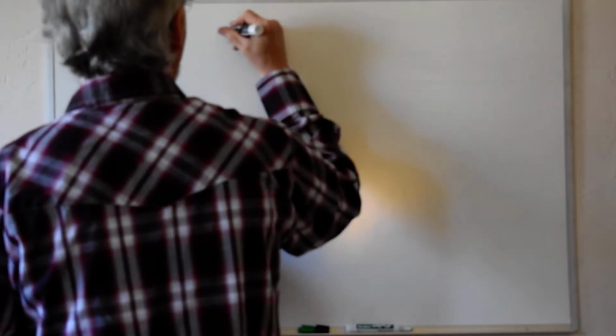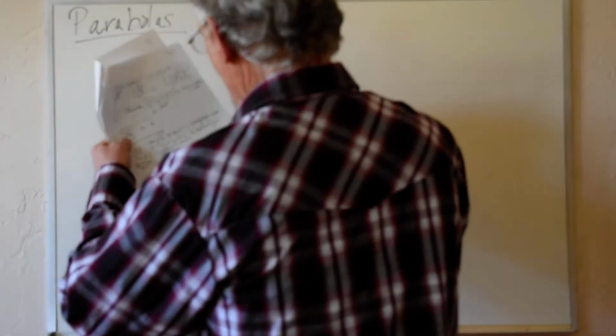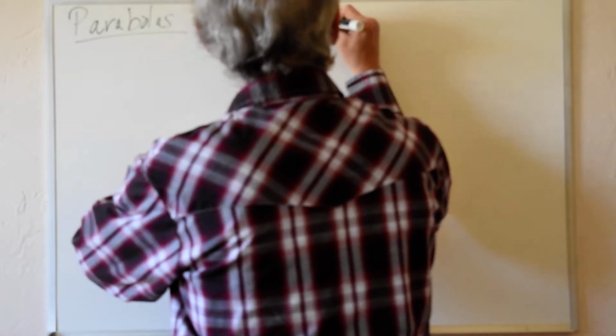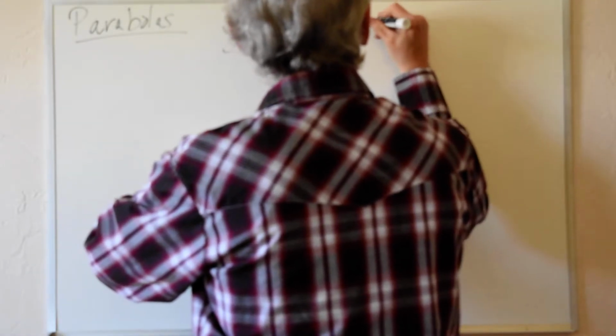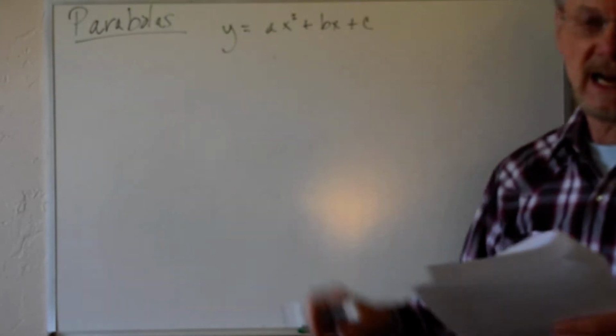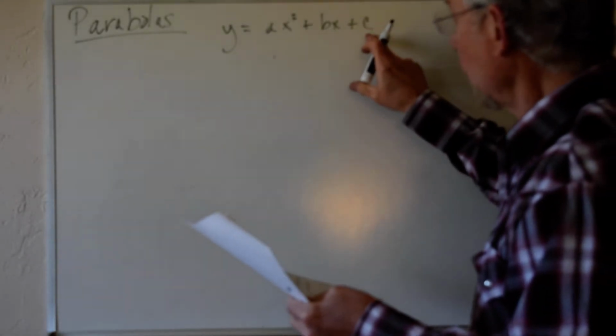We know that a quadratic function has a graph, which is a parabola. And we know that a quadratic function follows this general form, where a is not 0, because that guarantees that we're going to have an x squared term. And this is a function, in fact.